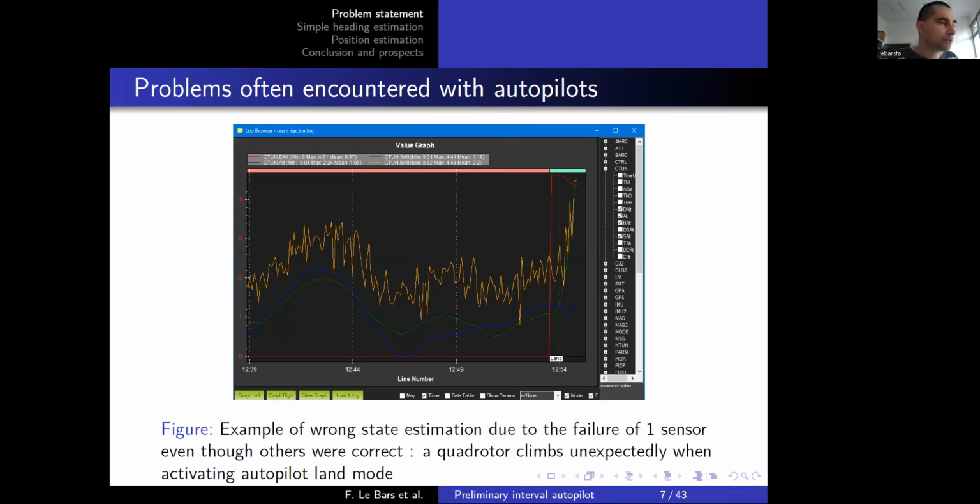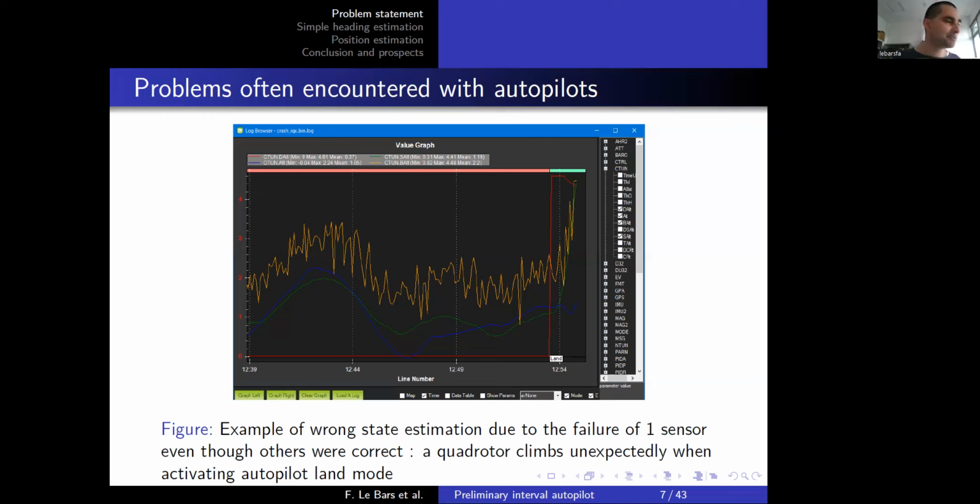Normally we should expect that when we enter into the land mode, the drone should land on the floor. But instead, in reality, the drone started to climb quite fast up to the roof of the building where we were.